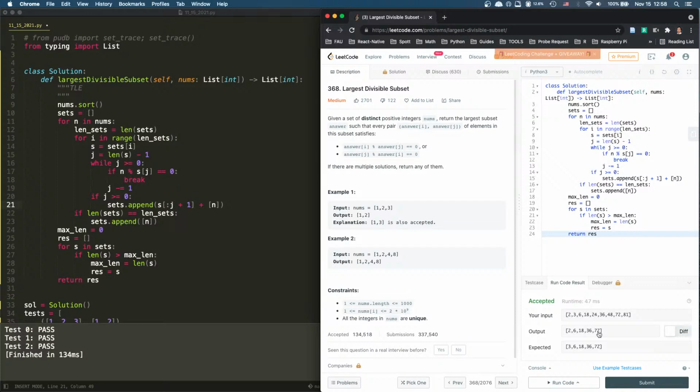Yeah, because what I know is if 72 can divide by 36, it can divide by everybody else, right? But that's not how I was trying to go for. What happens if we divide by 2 in this group? That would give us 1, 3, 9, 18, and 36, right?